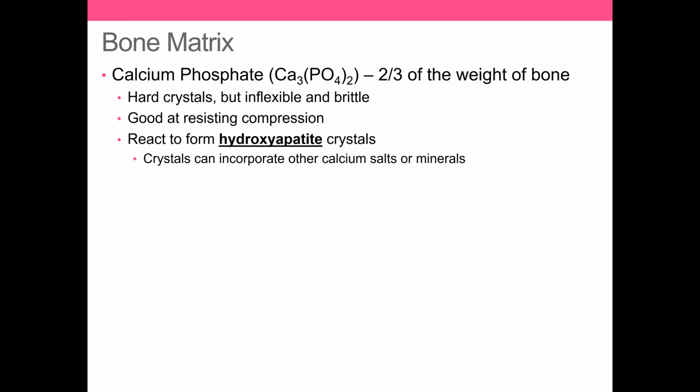However, they're good at resisting compression. So they can withstand a lot of weight put on them, just not lateral forces. Calcium phosphate reacts with calcium hydroxide in the body to form hydroxyapatite crystals. And these crystals, as they form, can incorporate other calcium salts like calcium carbonate and even other minerals like magnesium and fluoride.